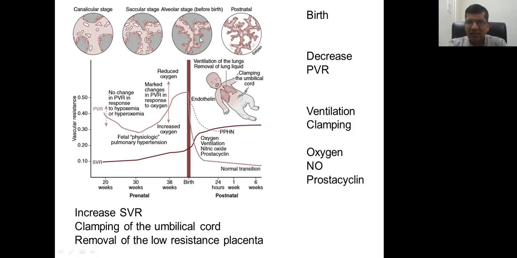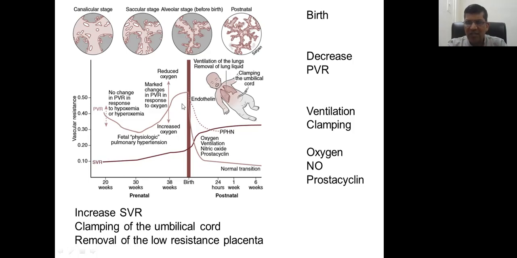In the late preterm or early term stage, the vessels and area are increased, but there are very high levels of vasoconstrictors and very low levels of vasodilators. This is the stage where you have very high pulmonary vascular resistance.